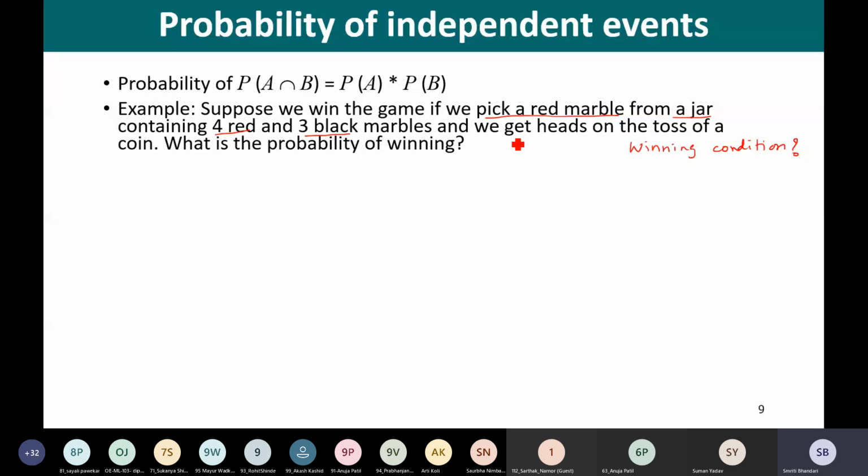If we pick a red marble from the jar and we get heads on the toss of a coin, then this is a winning condition. And we want to find the probability of winning.